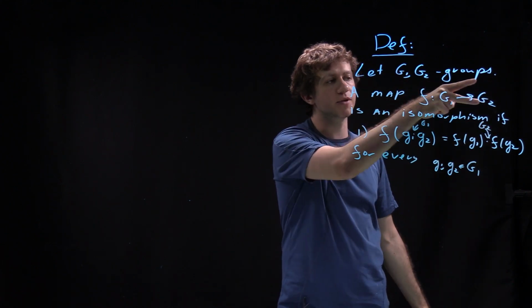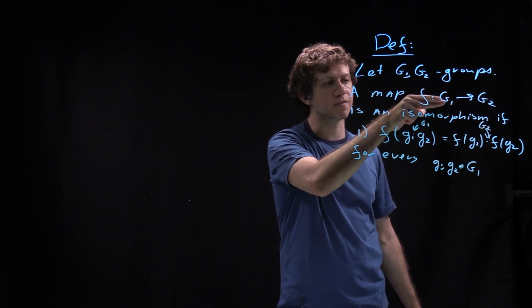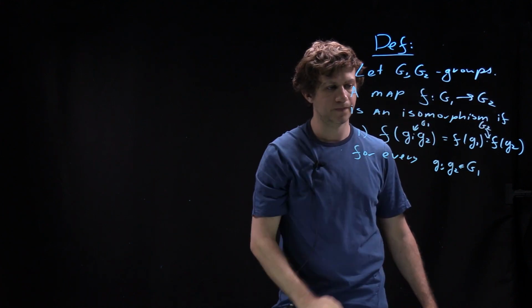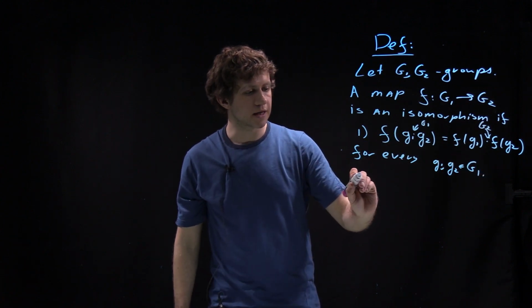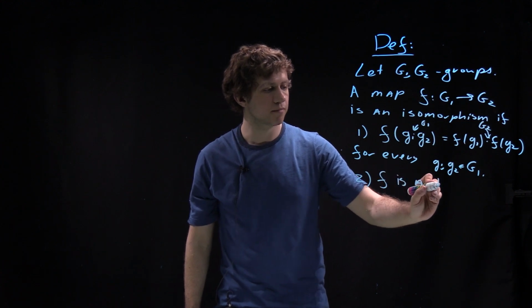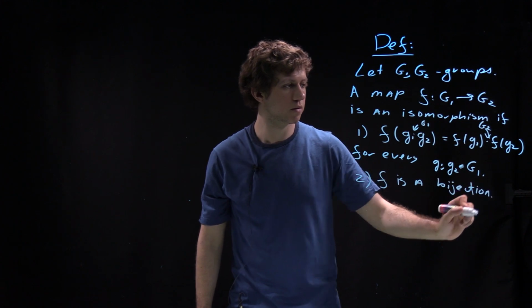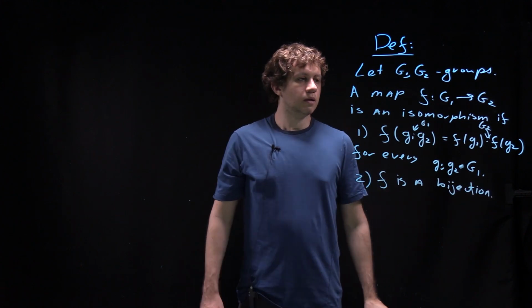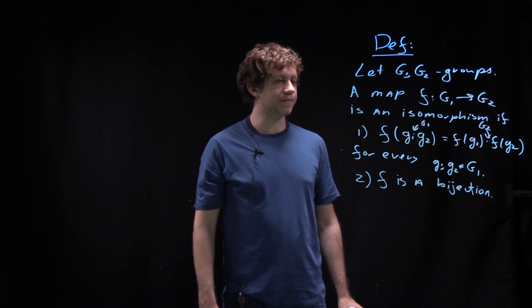You multiply two elements, you send them here, and you multiply here. It's the same thing as multiplying them in G1 and then sending it. So that's one property we want to hold. The second property is that F is a bijection. Okay, that's it. As simple as that.